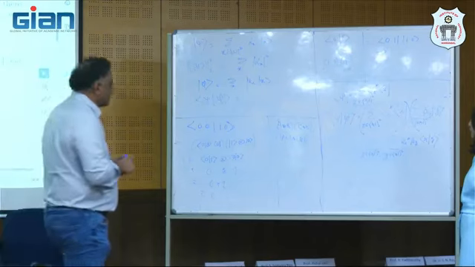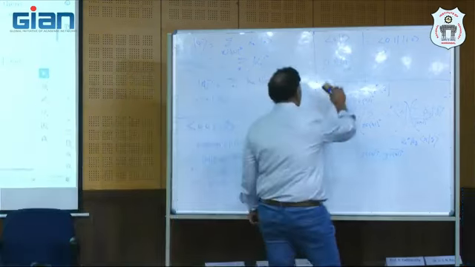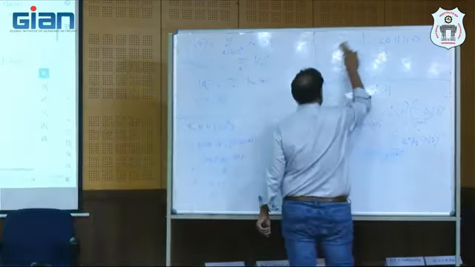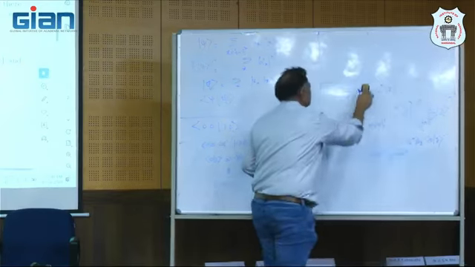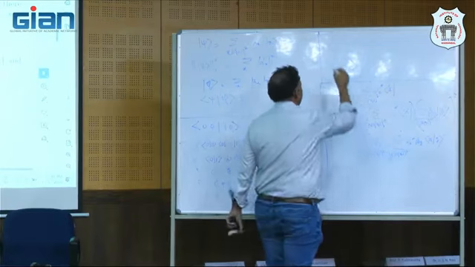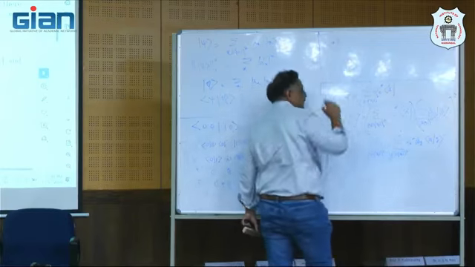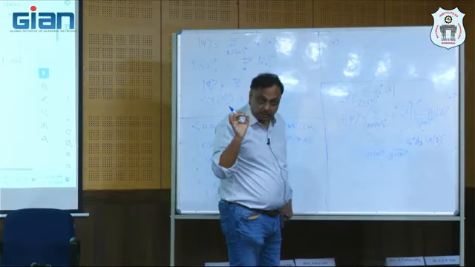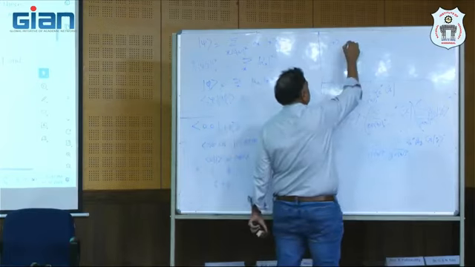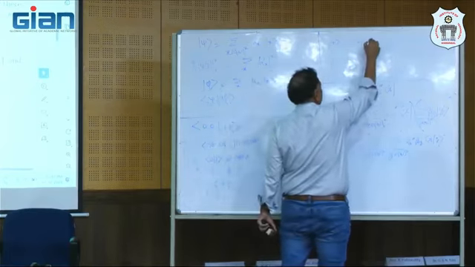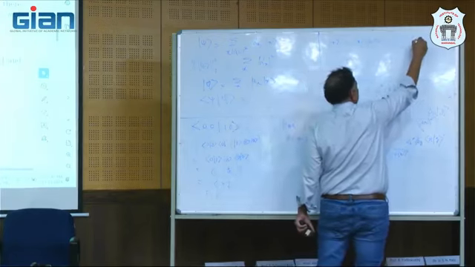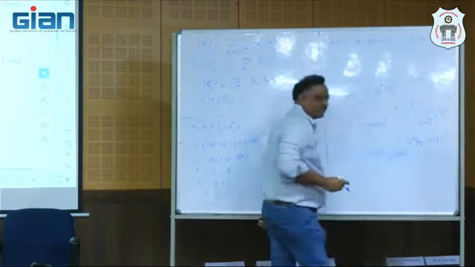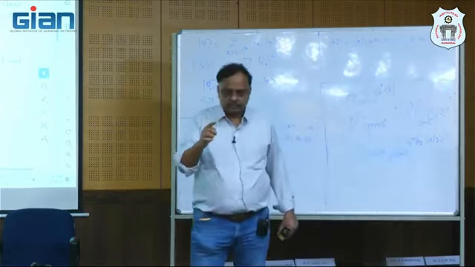Now I give you something more general, okay? I give you this string x. It's an n bit string. So what does it become? x1 tensor x2 tensor all the way to xn. Agreed?